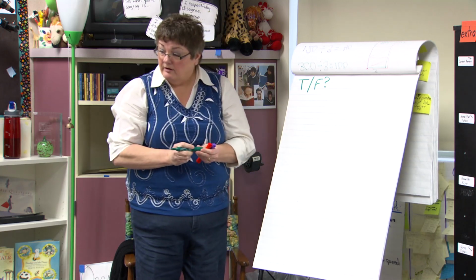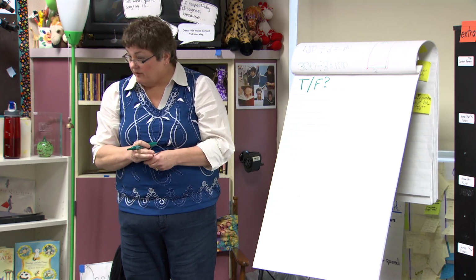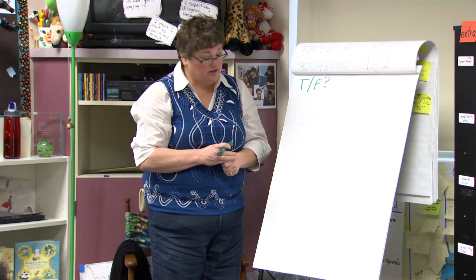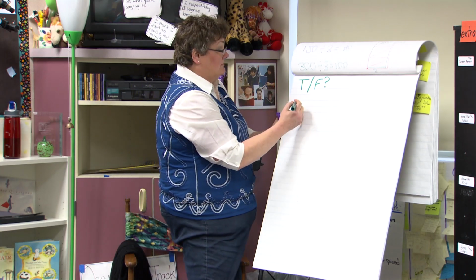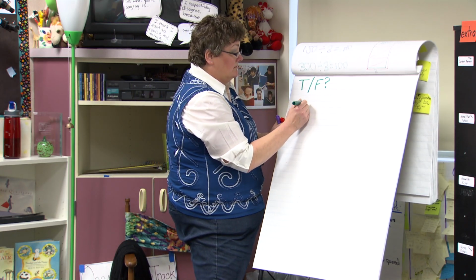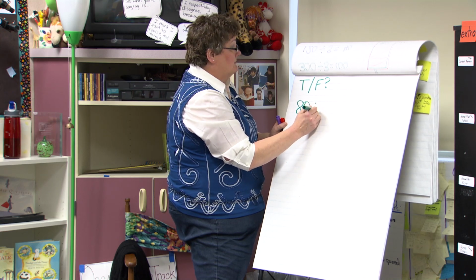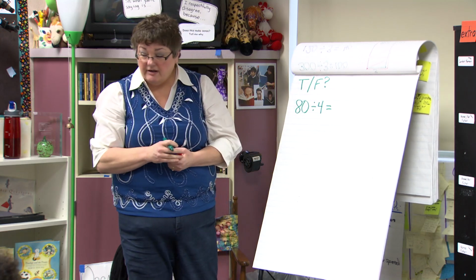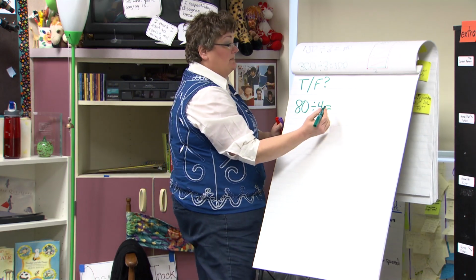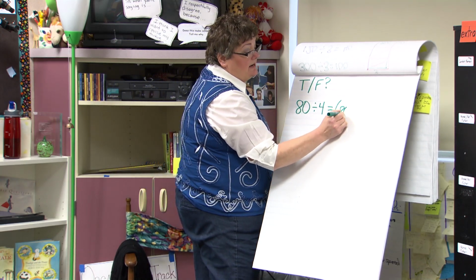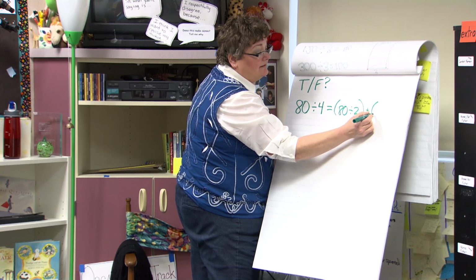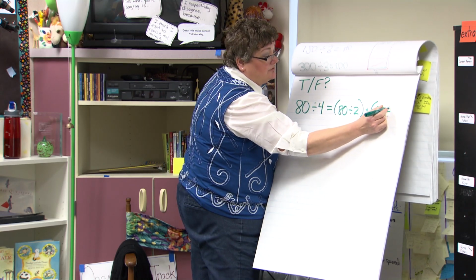Now remember, if you think it's true or if you think it's false, you want to have a really good reason. 80 divided by 4 is the same as 80 divided by 2 and 80 divided by 2.